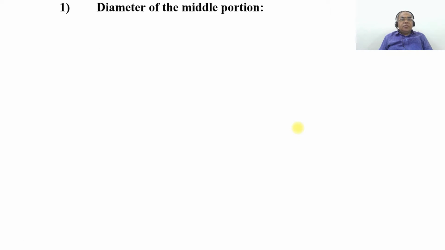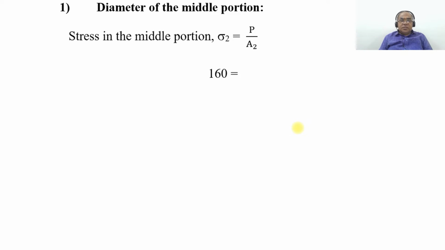So first, we want to find out the diameter of the middle portion. The stress in the middle portion, sigma 2, will be equal to P by A2. We know the stress in the middle portion is 160, equal to the load, 150 kilonewton, which we convert into Newton, 150 into 10 to the power of 3, divided by the area of the middle portion, whose diameter is not known.